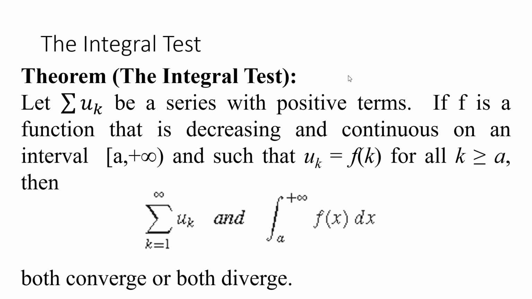If f is a function that is decreasing and continuous on the interval half open a to positive infinity, and such that u sub k is a function of k for all k greater than or equal to a, then the summation of u sub k from 1 to positive infinity and the integral of f of x dx from a to positive infinity both converge or both diverge. Okay, so let's have an example.